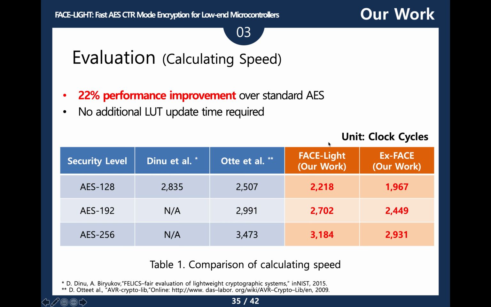Now our work here has a clock cycle of 2200, and if we take a look at the cycle of the extended phase, we can see the clock cycle has decreased to 1967, which is 22% faster than the standard optimized AES. Also, no additional lookup table update time is required.